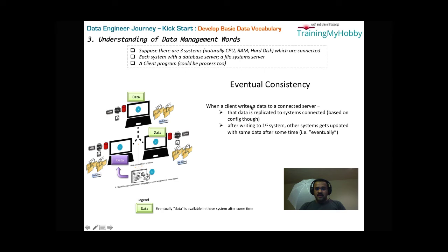What it says is: when a client writes data to a connected server, and this arrow assumes a client is writing the data to one system among these 3 systems, that data is replicated to the systems connected. The same data is copied or replicated across all three systems. That is how these three systems are designed.